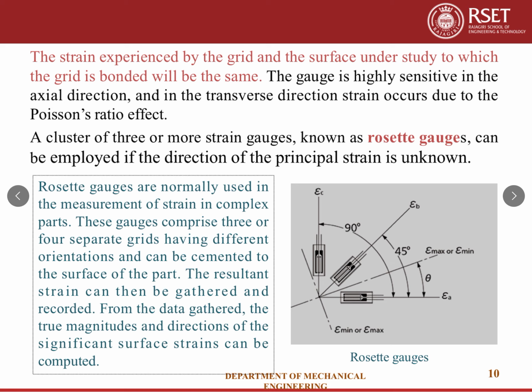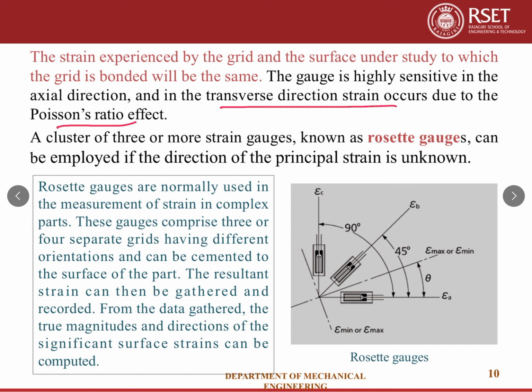The gauge is highly sensitive in the axial direction, and in the transverse direction strain occurs due to the Poisson ratio effect. As we know, the Poisson ratio is equal to lateral strain divided by longitudinal strain.